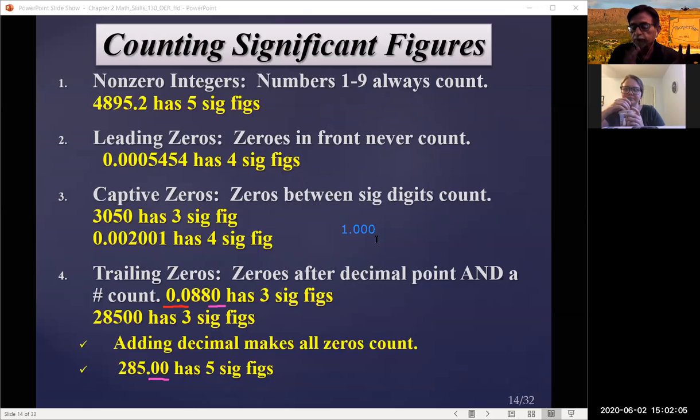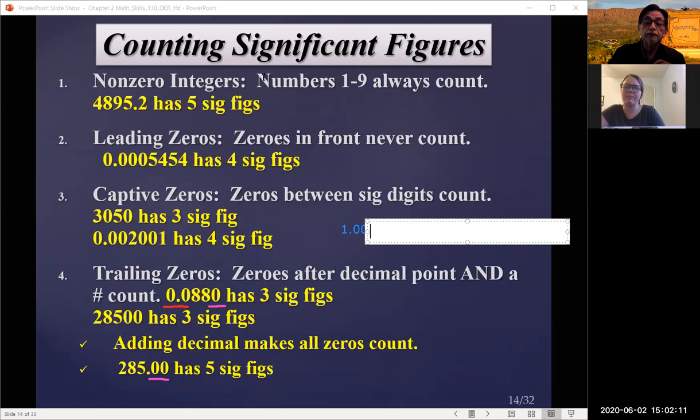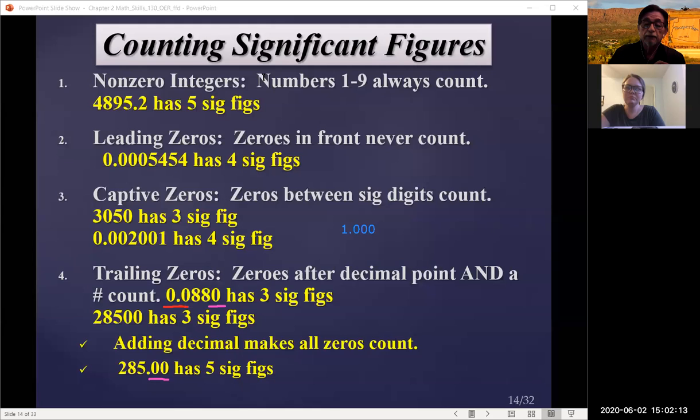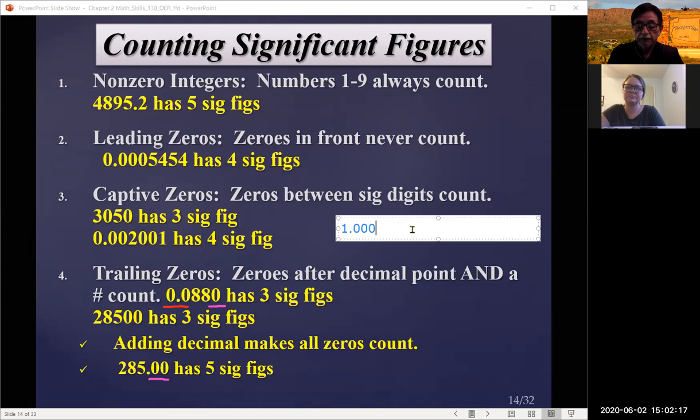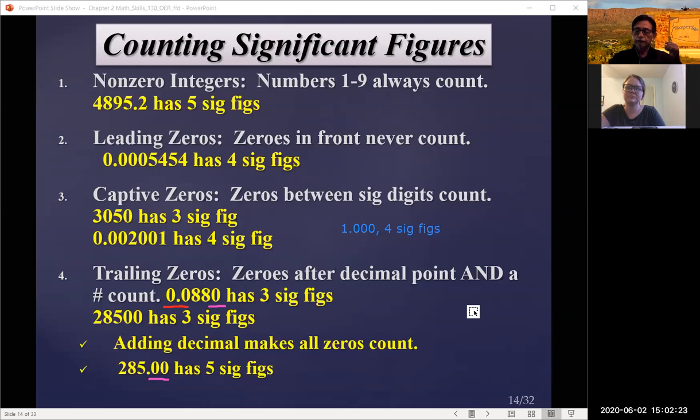I have a total of 4 sig figs. So this has 4 sig figs. Okay. All right.